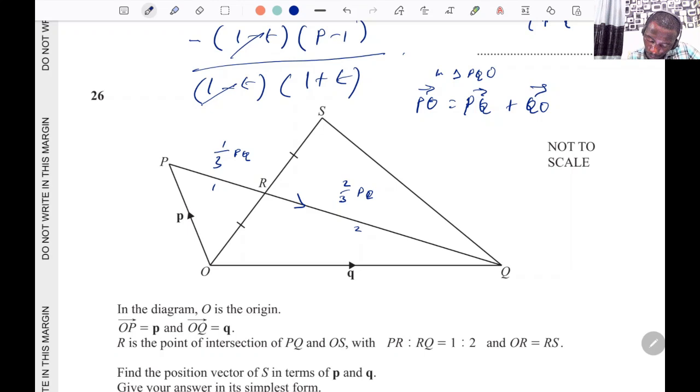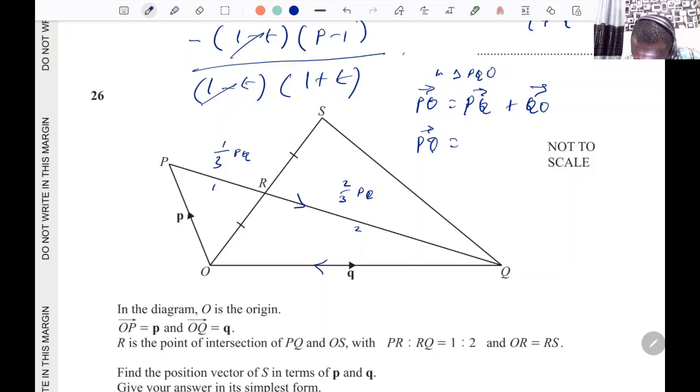But this one refuses to go this way, that means I'm going to negate it. So PO is equal to what? Since my PQ goes well, no problem.